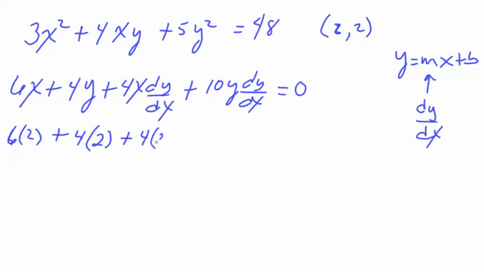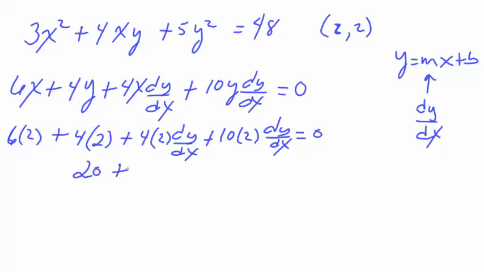So we have 2 for x there, and then we have dy over dx, plus 10 times 2, and that's also dy over dx, and we'll set all that to 0. So we have 12 plus 8 is 20, right? I believe that's right.